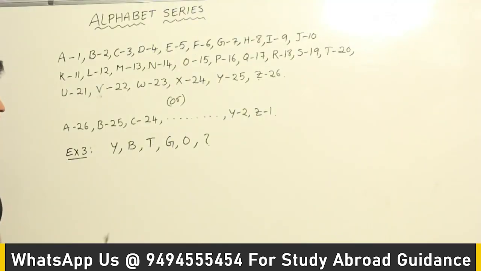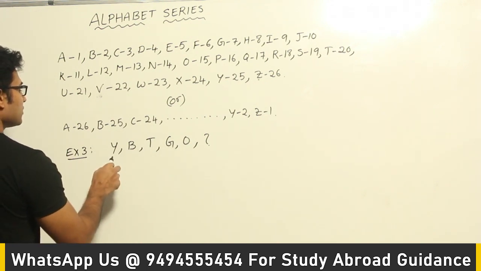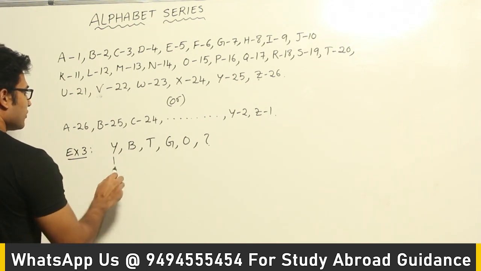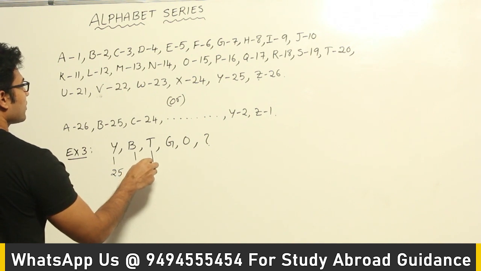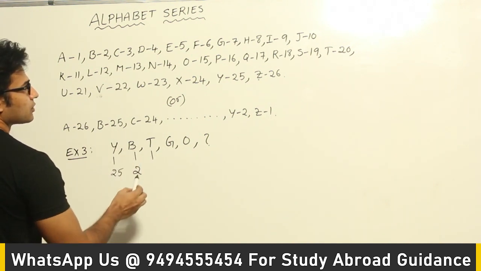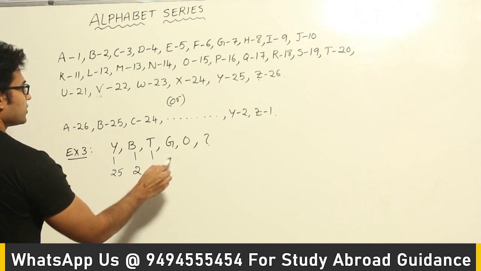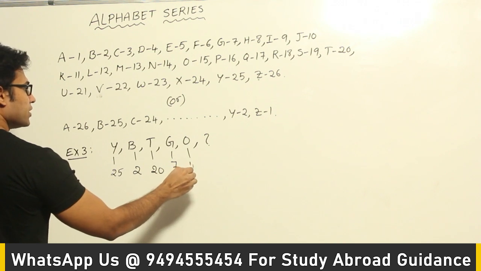Now let's see this series Y, B, T, G, O, right? So just write the numbers for each one. Y is going to take the number 25, and B is going to take the number 2, and T is going to take the number 20, and G is going to take the number 7, and O is going to take the number 15.